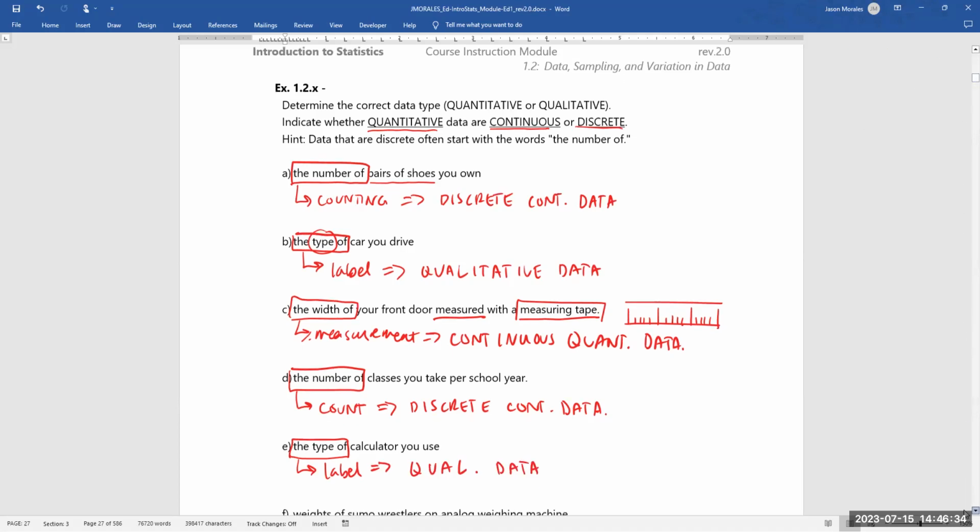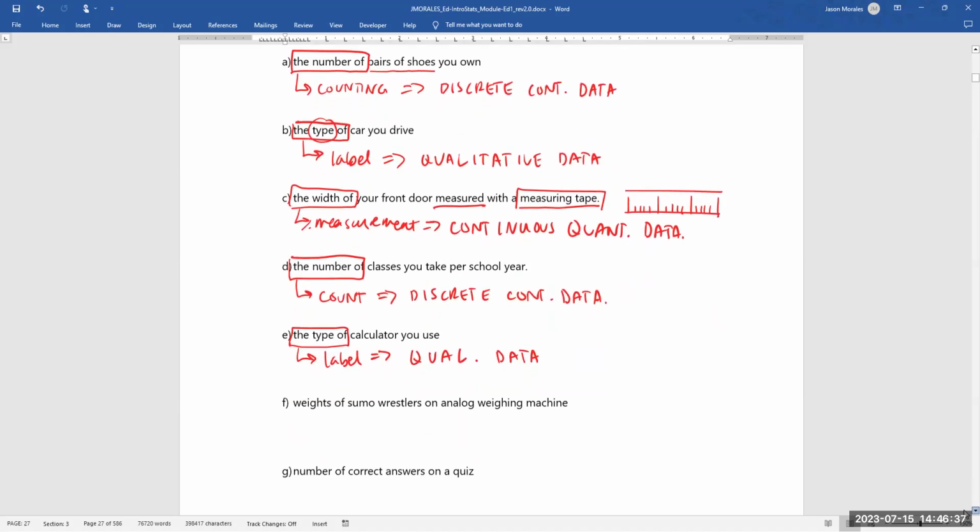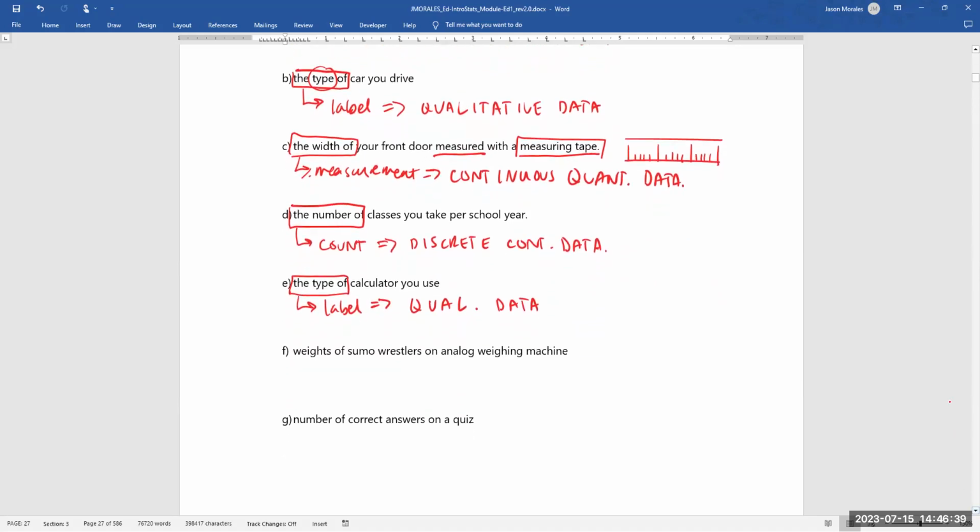Okay, let's look at the next one. Part F. So the weights of sumo wrestlers on an analog weighing machine. So again, we're talking about weight, so this is implying some kind of measurement.